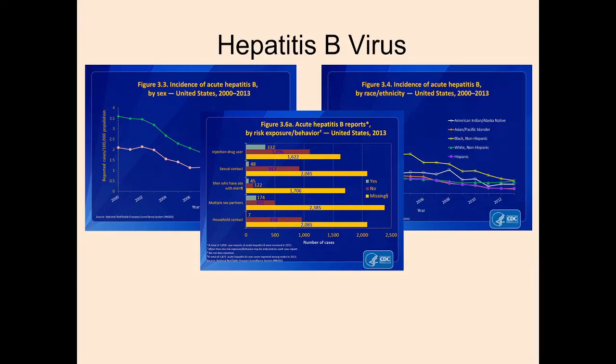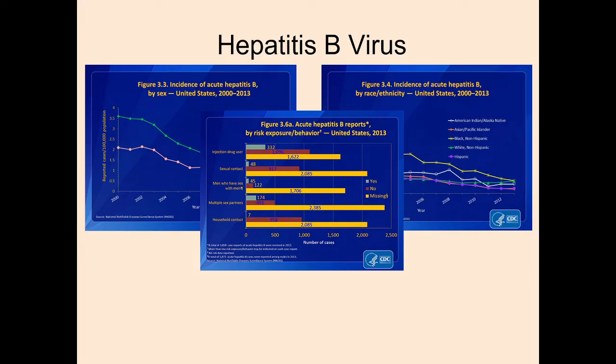That has the next biggest yes bar. So injection drug use is about twice as likely as multiple sex partners to be associated with hepatitis B. But with regard to sexual contact, having multiple sex partners is the riskiest thing that a person can do.